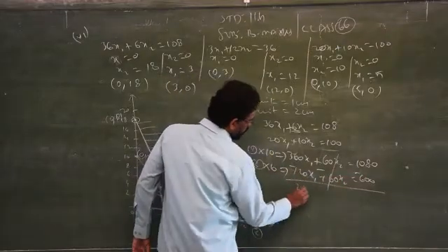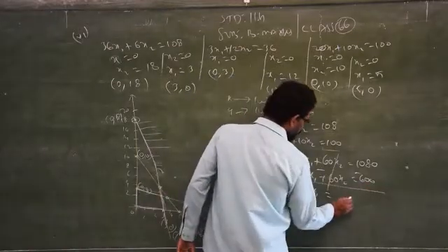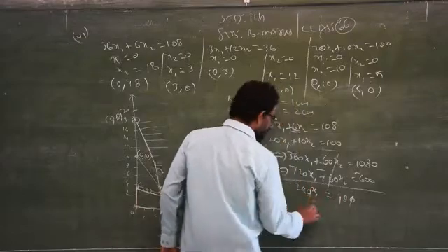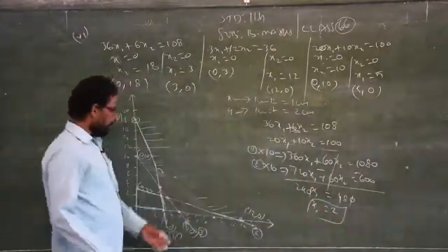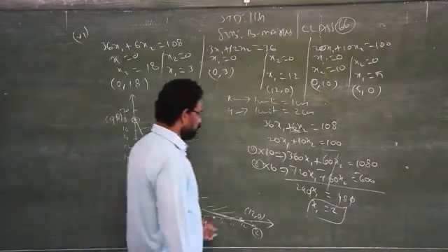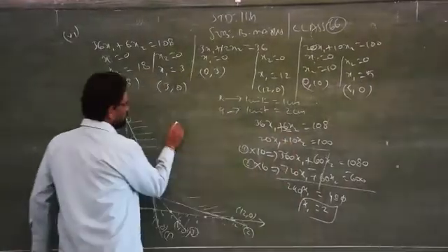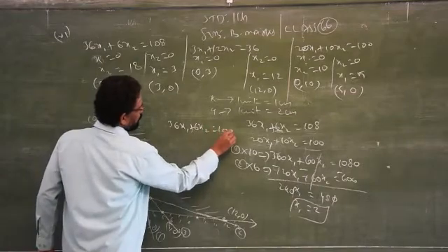360 minus 120, that is 240 x1 is equal to 480, the zeros get cancelled, therefore x1 is equal to 2. So I found the value of x1 as 2. Then you have to find x2 by taking any one of these equations, that is 3x1 plus 6x2 is equal to 108.